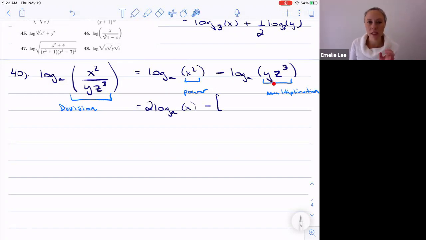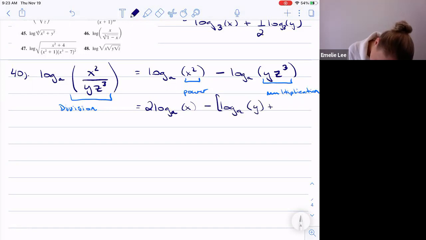If I'm multiplying inside, I can expand it by adding, so log base A of y plus log base A of z to the 3. But I need to make sure that they're both being subtracted, right? And so I'm going to put a big bracket around here. So we've got log base A of y plus log base A of z to the 3.